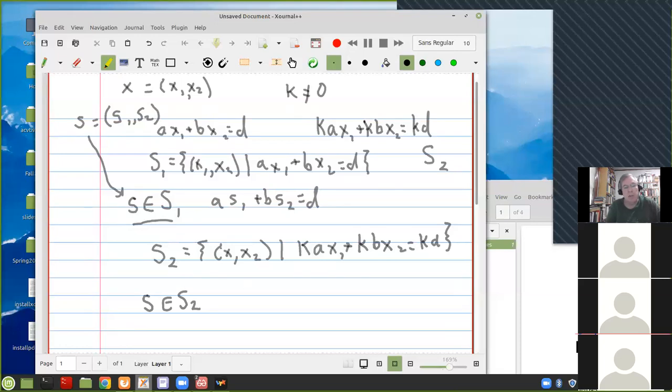To be a member of this set, I test according to the defining property: S is a member of S2 when K A S1 plus K B S2 equals K D.